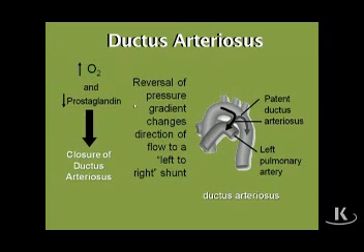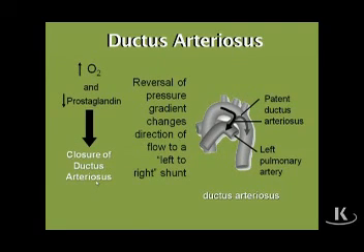And then we can lower the prostaglandin levels by inhibiting the synthesis of prostaglandin, using a prostaglandin synthetase inhibitor, indomethacin being the most commonly used. So with the administration of oxygen and indomethacin, we raise oxygen levels, we lower prostaglandin levels, and that typically will lead to closure of the ductus arteriosus in these premature babies.